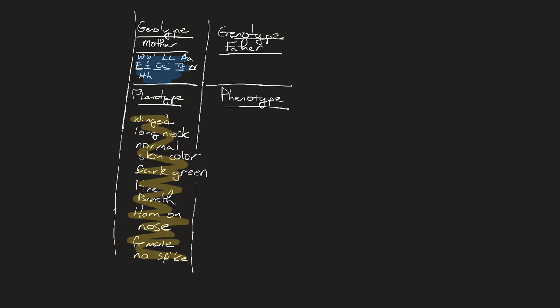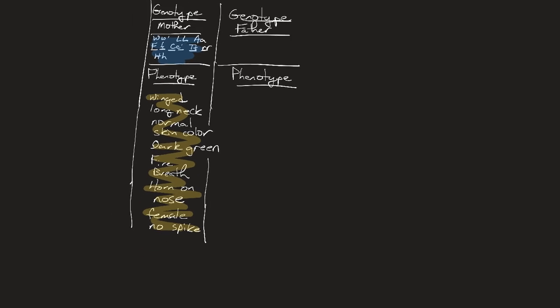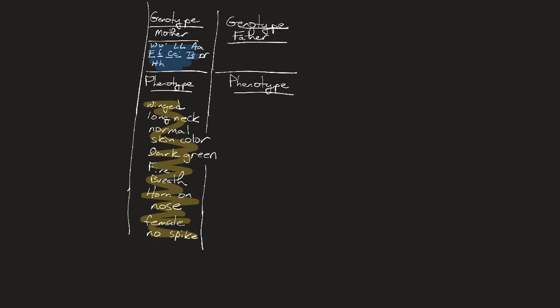I looked at the dominant traits. Big T, little t is, oh, I forgot to put 4 toes and no freckles. Four toes and no freckles.